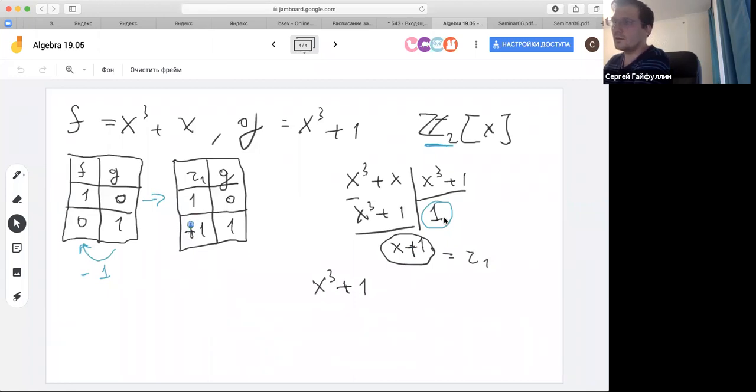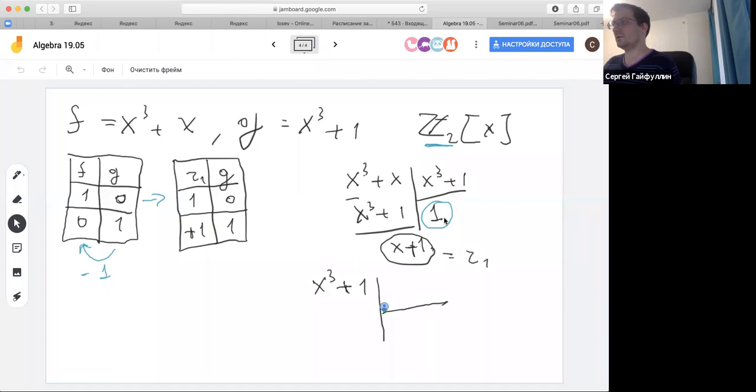So here and here I put plus because I have coefficients in Z2. It seems that division in Z2 is more convenient than in real numbers.